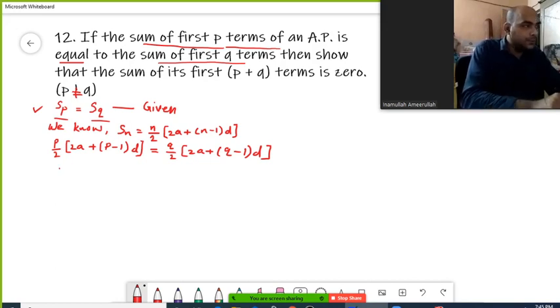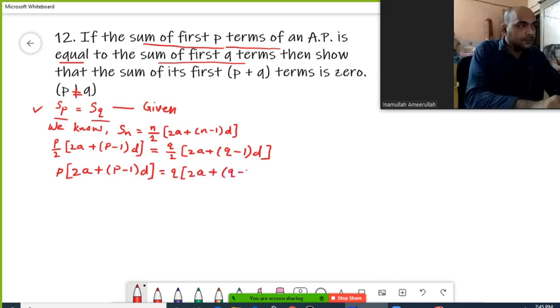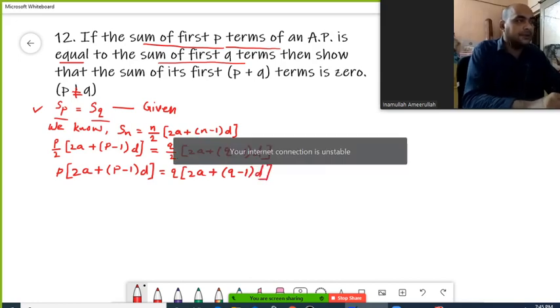So you will be left with p into bracket 2a plus p minus 1 into d here, and here q into bracket 2a plus q minus 1 into d, like this.